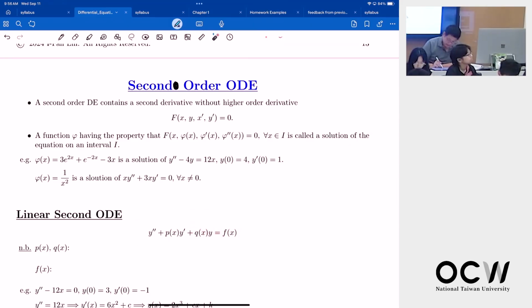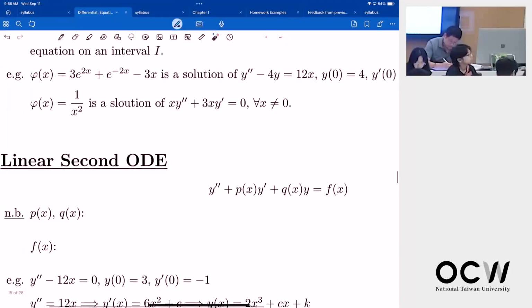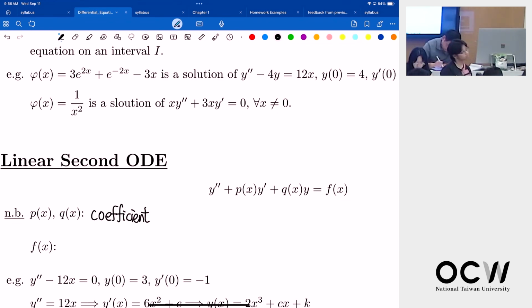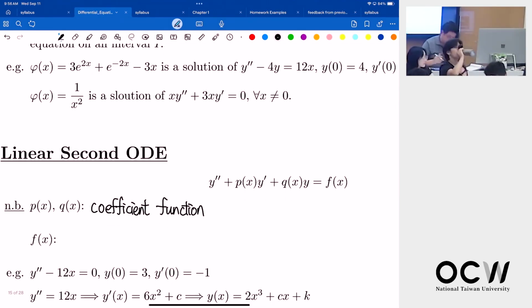For this p(x), q(x), this is a function of x, and we call this function coefficient function. And the f is called forcing function.